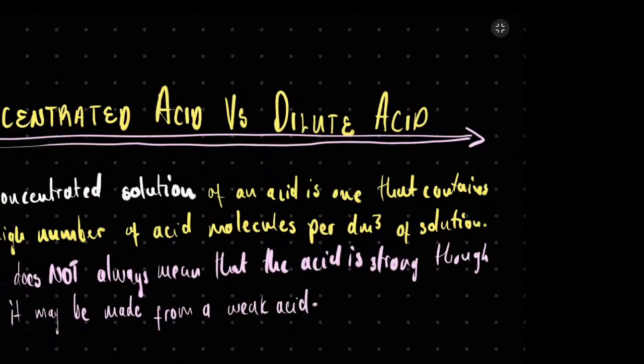When we talk about the strength of an acid, we are talking about how much does it ionize in water. Does it fully ionize in water? If it does fully ionize, which means fully separates into ions, then it's a strong acid. If it doesn't fully ionize or dissociate in water, then it is a weak acid.